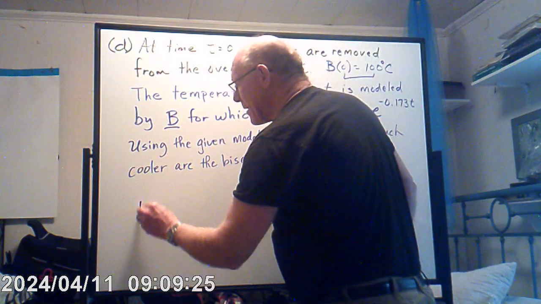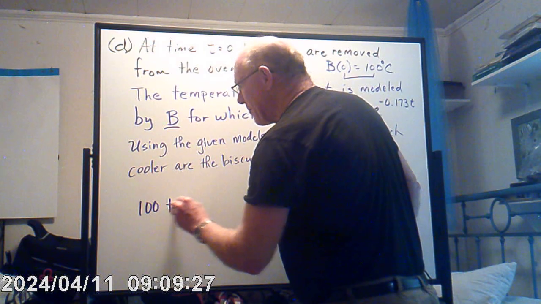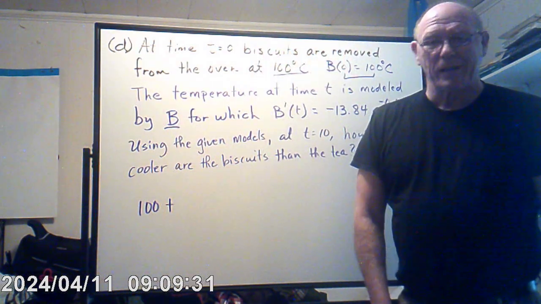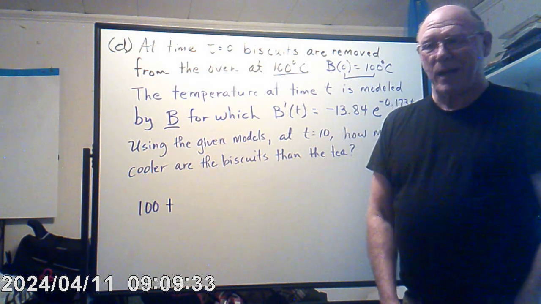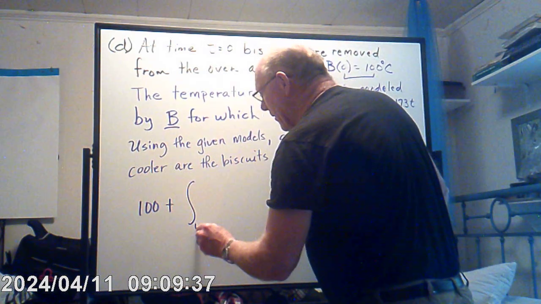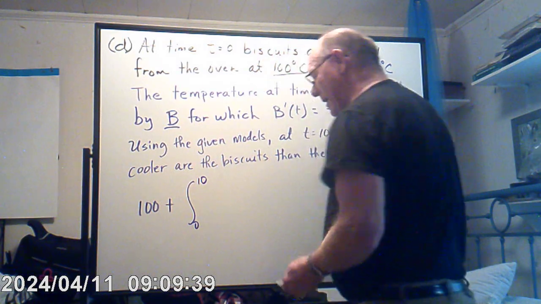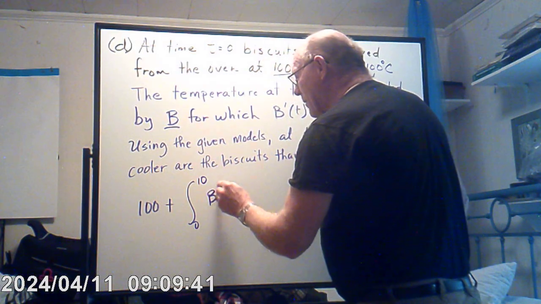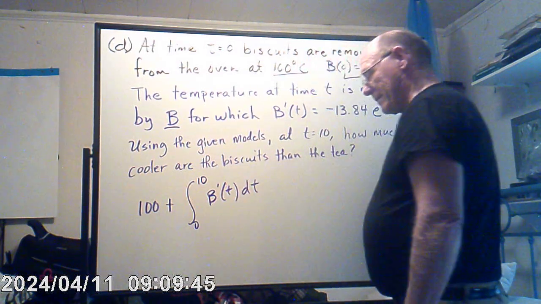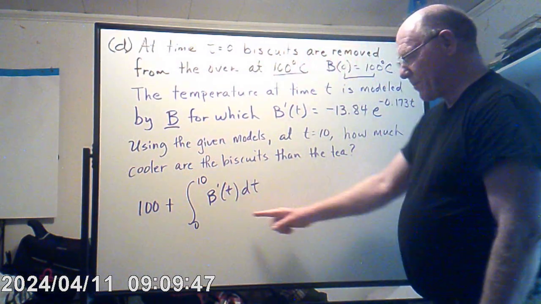If you already guessed 100 plus, you are doing well. Make sure that you understand that. And then you are going from time 0 to 10, B prime at t dt.